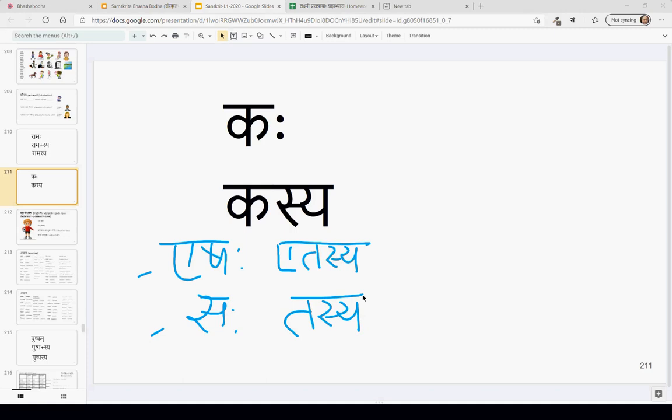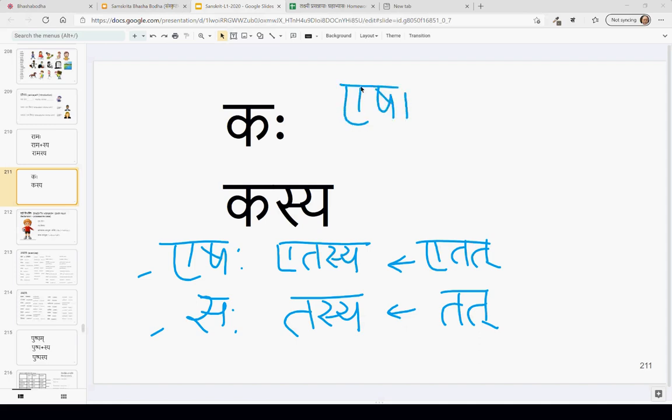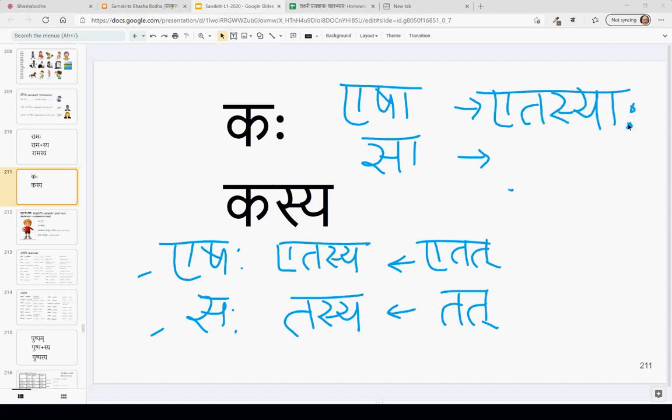Similarly, in Napunsakalinga, Etat and Tat, the Shashti Vibhakti forms are same, Etasya and Tasya. And what's the other one? Strilinga, Esha and Sa. What is the Shashti Vibhakti form here? Etasyaha and Tasyaha.